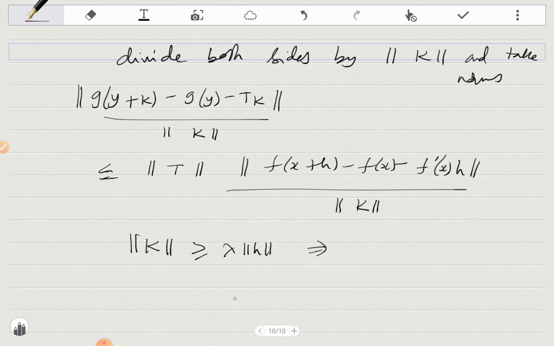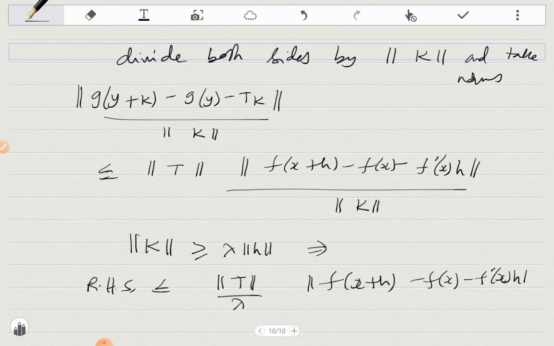This implies that 1 over norm k is less than 1 over lambda norm h, so the right-hand side is less than or equal to norm t over lambda times the norm of f of x plus h minus f of x minus f prime x h, divided by norm h.